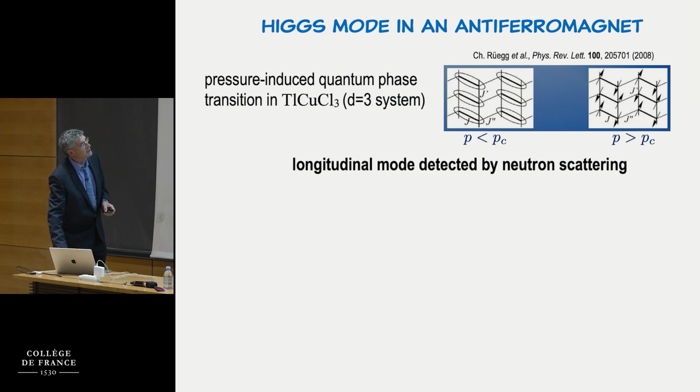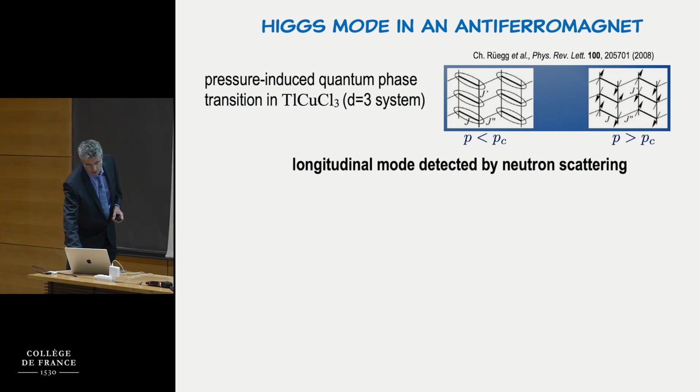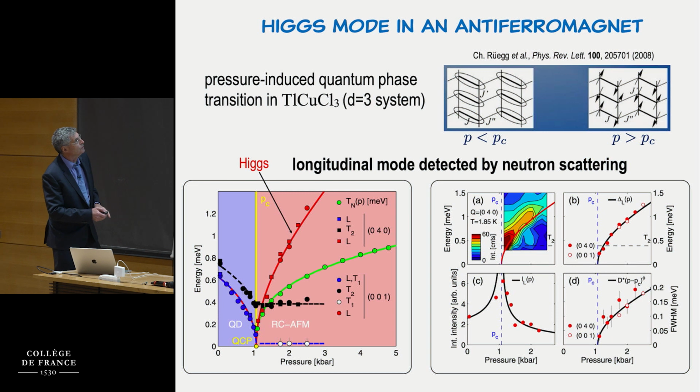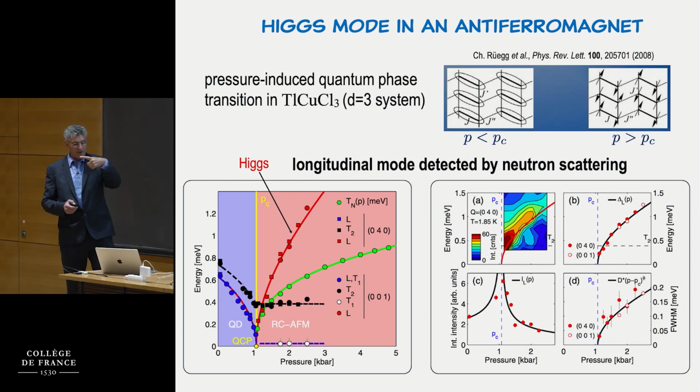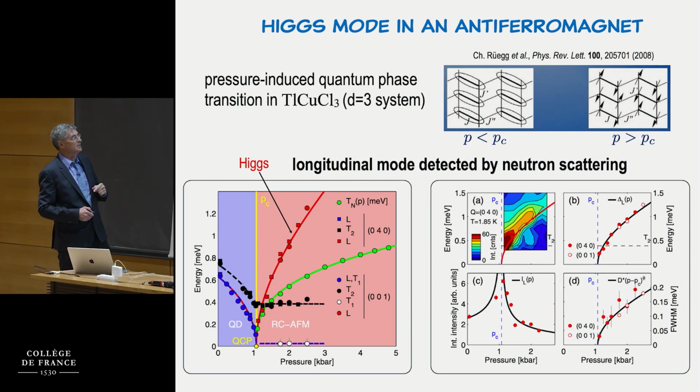And this has been seen in antiferromagnets. It's a beautiful experiment in neutron scattering, where people noticed that they have a longitudinal mode. A longitudinal mode is a mode where the spins are fluctuating in the direction of the order parameter, not just transverse.